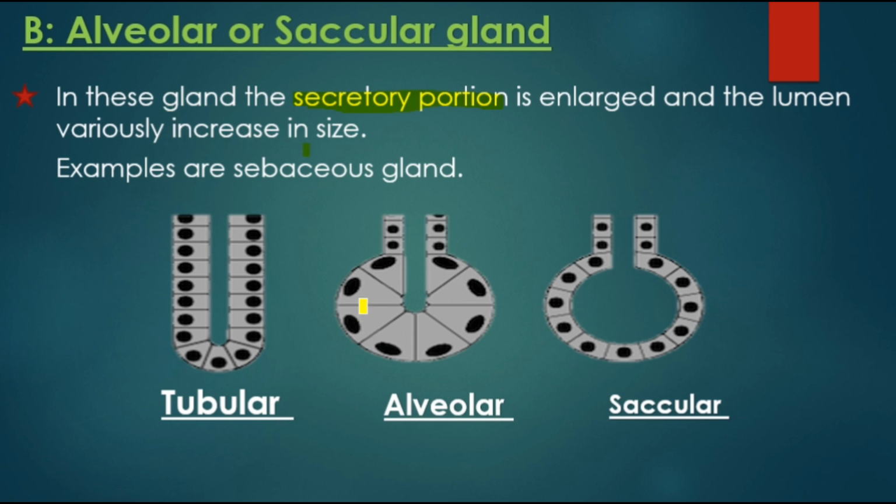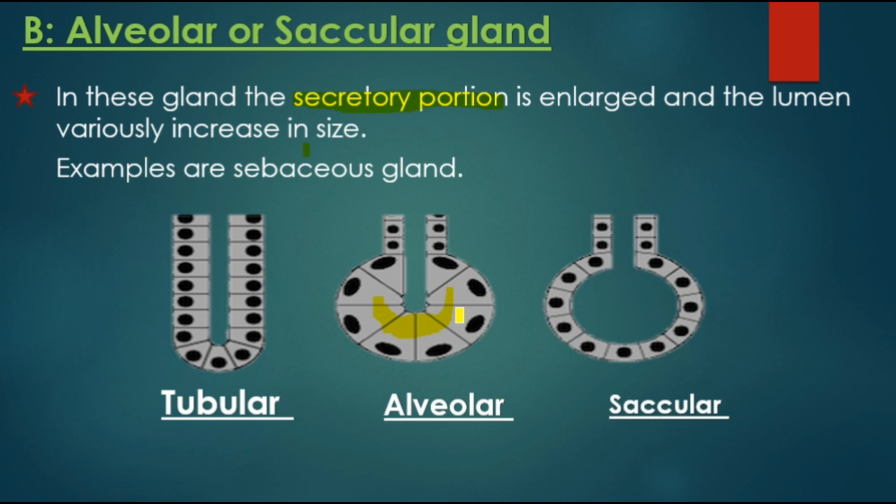As you can see here in the diagrams, the secretory portion of the gland is enlarged in size. Such glands are called alveolar glands, or you can say saccular glands.